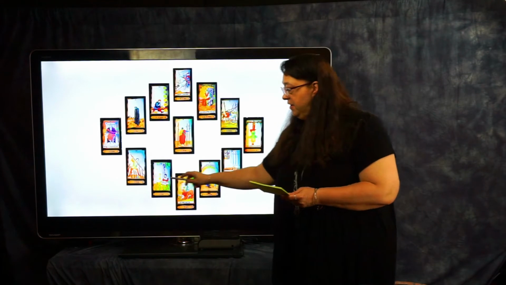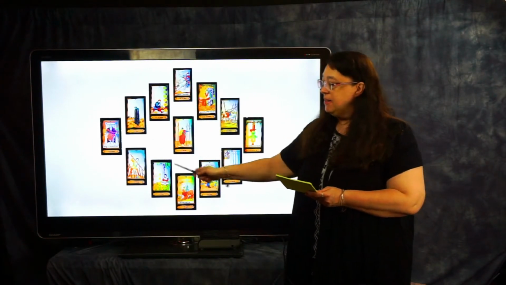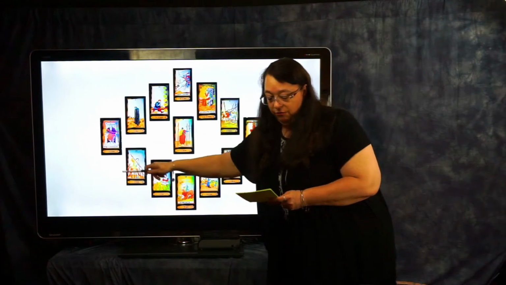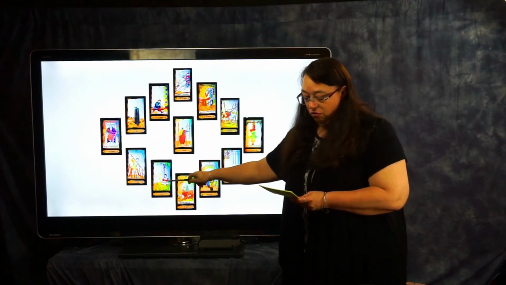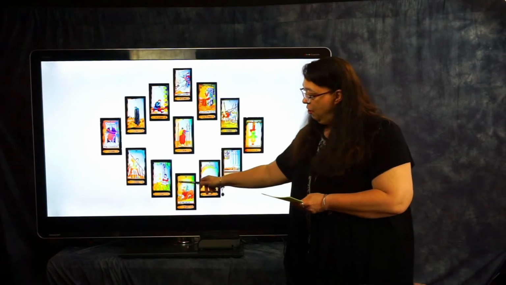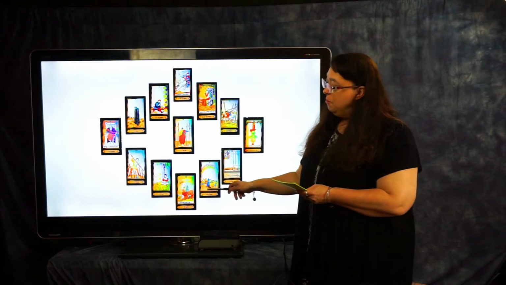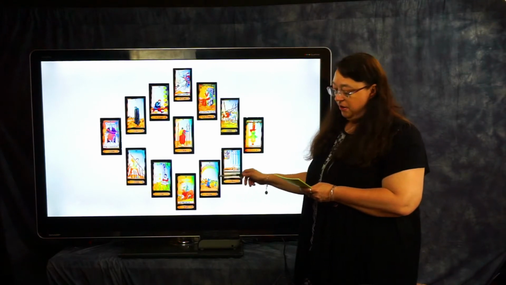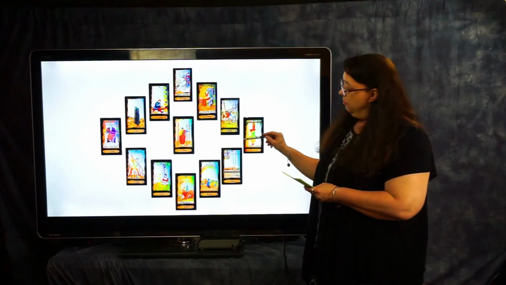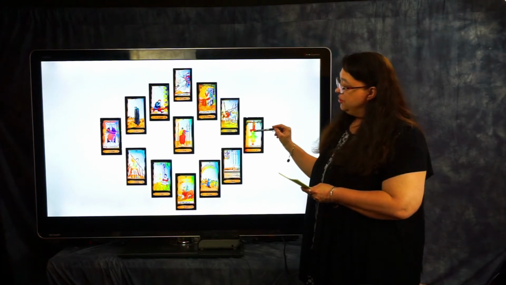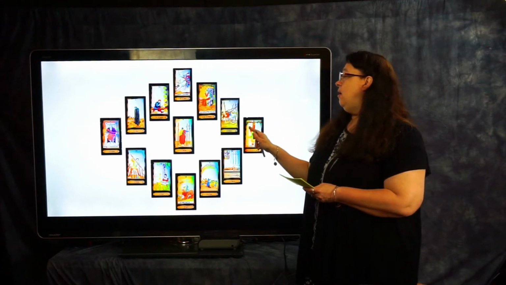Then it goes down this way, following the counterclockwise direction. It goes yourself, then your money, your travel, your home, your pleasure and your romance type things that are going on, your work and your health, your marriage and relationships, which is directly across from yourself, and that is also true for a lot of zodiac things.